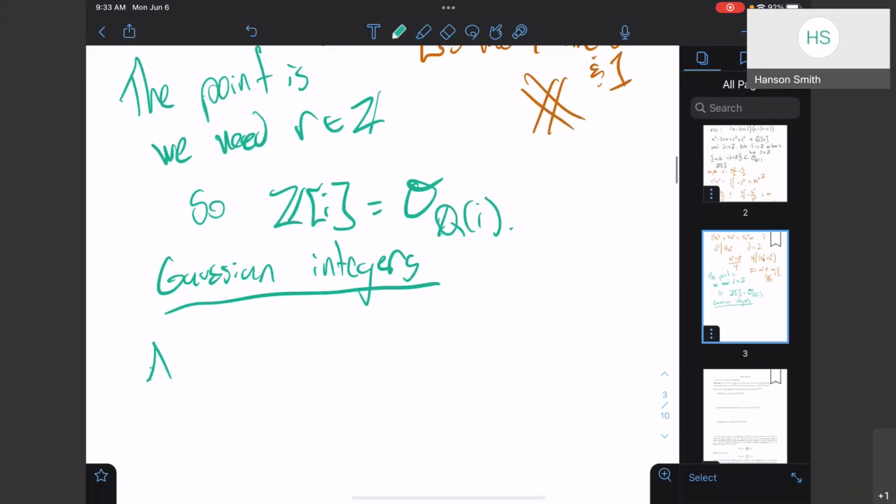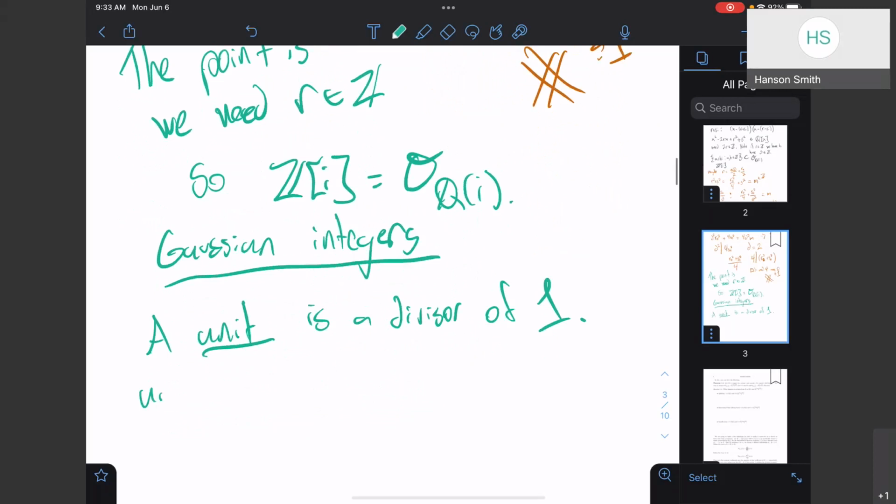A unit is a divisor of 1. In the normal integers, plus and minus 1 are the only units. So the units of Z are plus or minus 1.